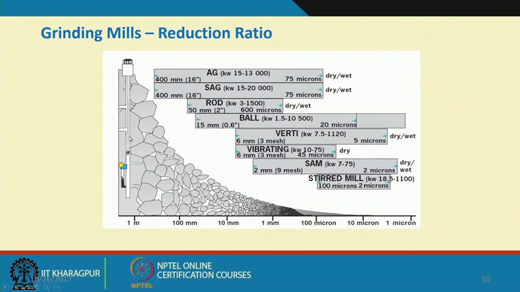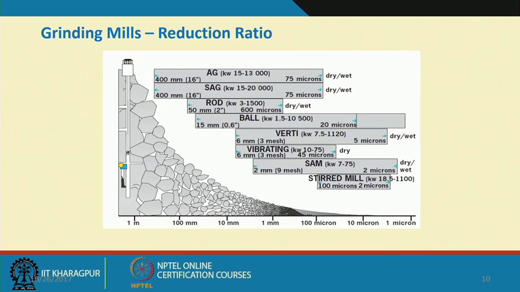If I look at the grinding mills, the reduction ratios, I hope you remember the definition of reduction ratio, that is the 80% passing size of your feed and the 80% passing size of the product. The ratio between them is called the reduction ratio.